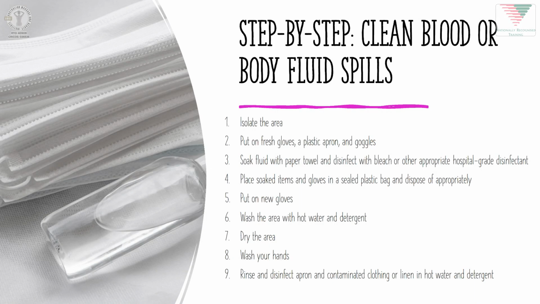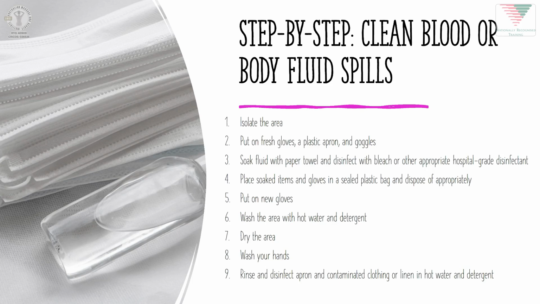Step by step, clean blood or body fluid spills. 1. Isolate the area. 2. Put on fresh gloves, a plastic apron, and goggles. 3. Soak fluid with paper towel and disinfect with bleach or other appropriate hospital-grade disinfectant, according to the manufacturer's instruction. 4.